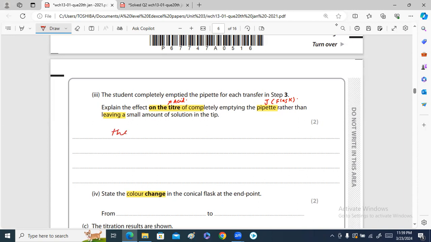Then there will be too much J solution in the flask, and the value of titre will definitely increase.